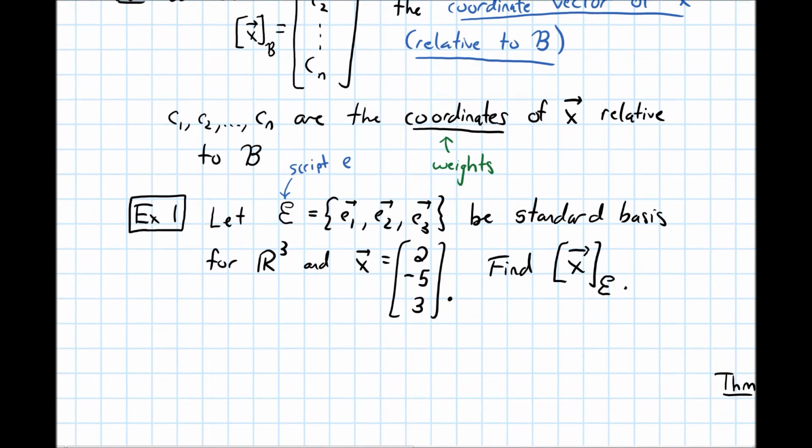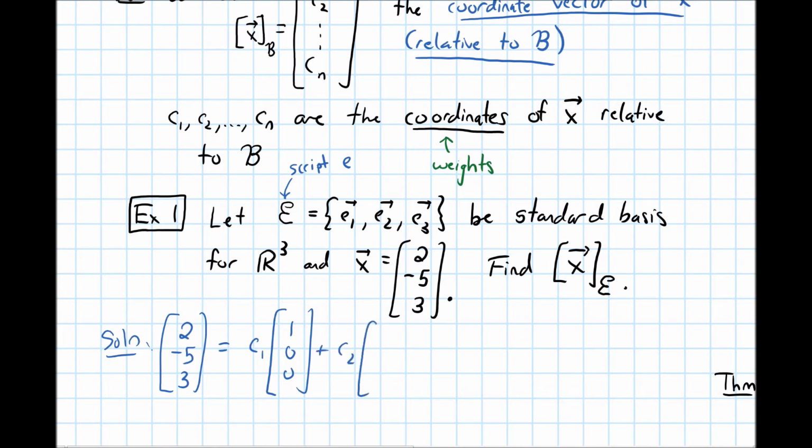Okay, so what does that mean? Well, what that means is we're trying to write our vector 2, -5, 3 as a linear combination of these basis vectors. I'm going to try to write it as some number c1 times e1, which is 1, 0, 0, plus some number c2 times e2, which is 0, 1, 0, plus some number c3 times e3, which is 0, 0, 1.